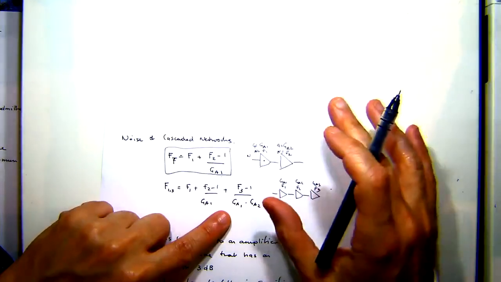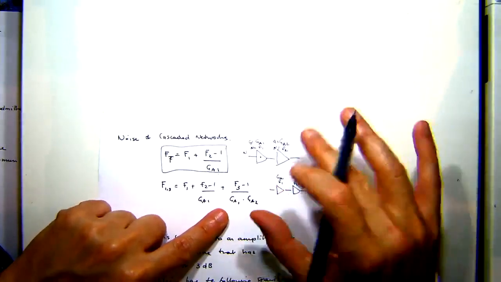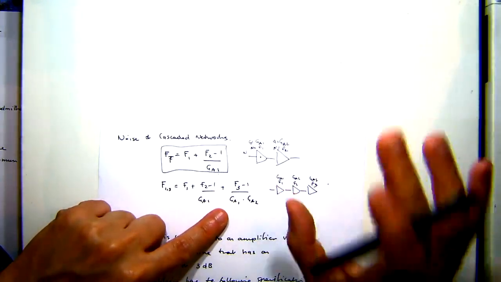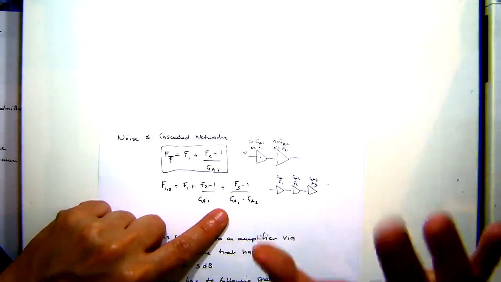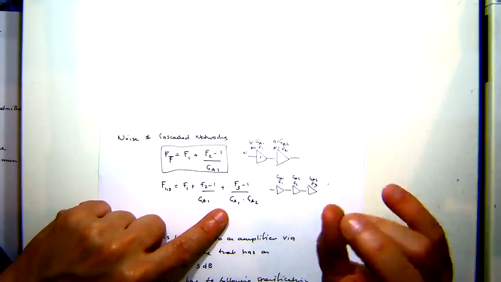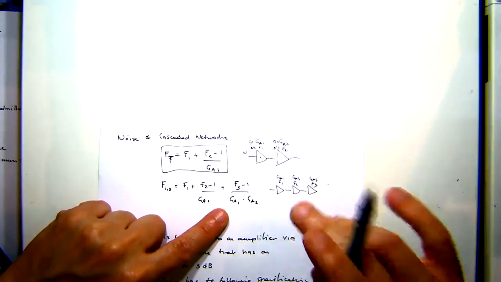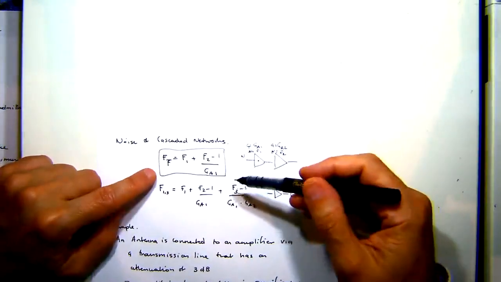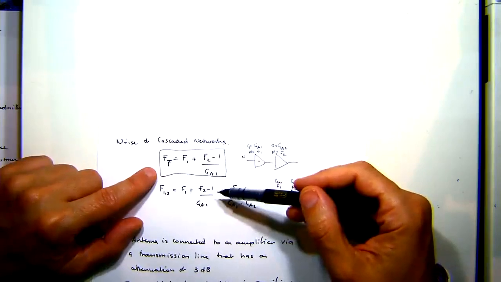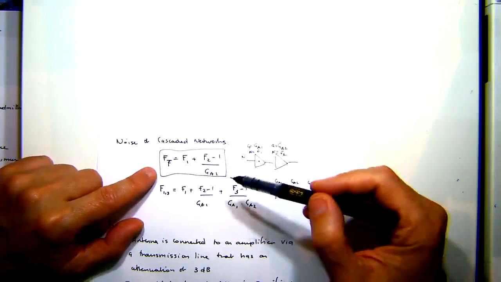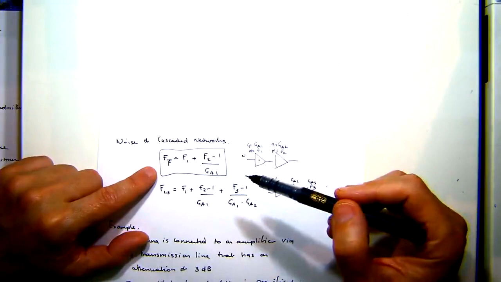Remember, always in these formulae, including IP3, we're looking at linear numbers. Don't substitute the values in dB. It's not right.